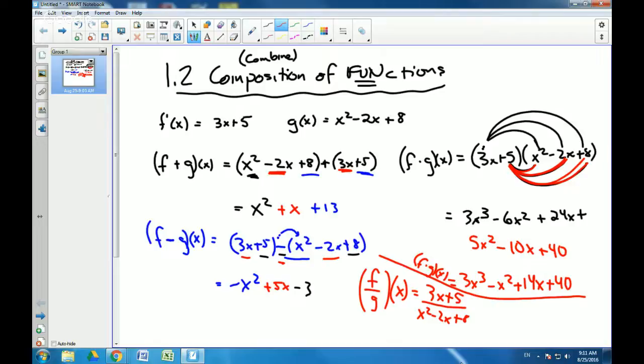So there you're done. The division we haven't dealt with yet, so I'm not gonna expect you to simplify that. That one I don't think you can simplify, if I look at it. Okay? Any questions? You good?